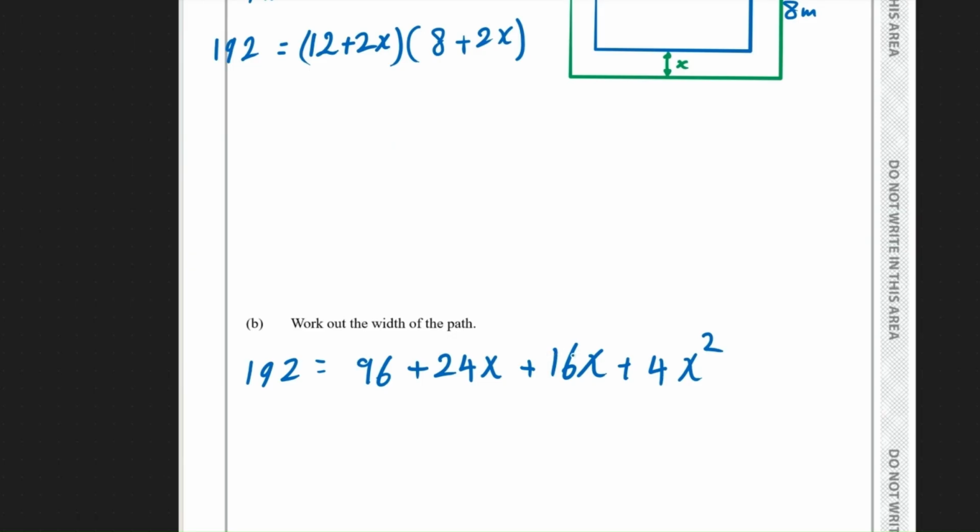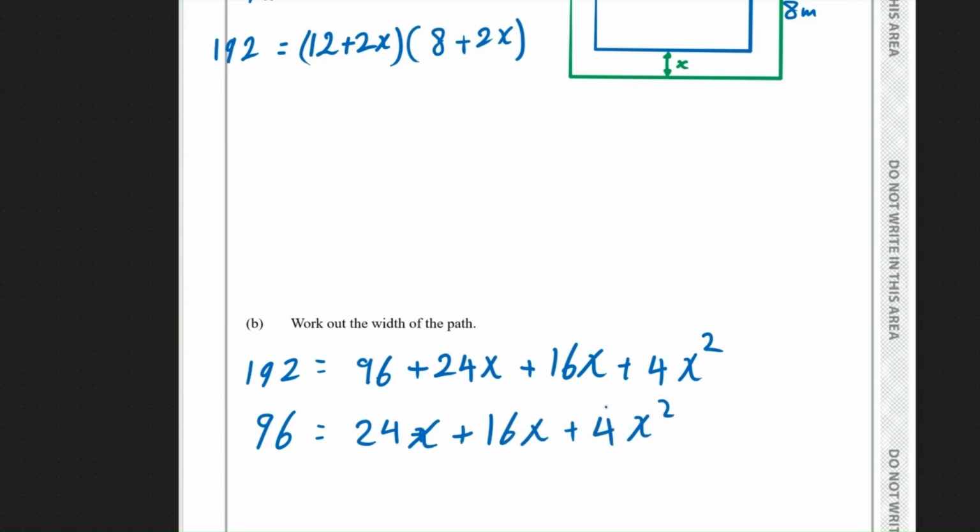For non-calculator exams, you have to think about the best way to carry on. First, there is a big number here. It would be good if we try to reduce this number. We can do it because here 96, we can bring it over to the other side as minus 96. So 192 take away 96 would make another 96, equals 24x plus 16x plus 4x squared.